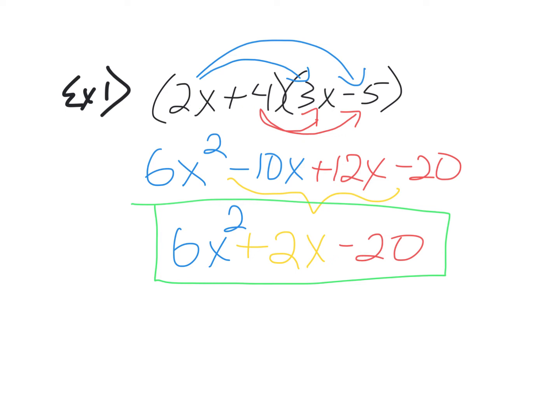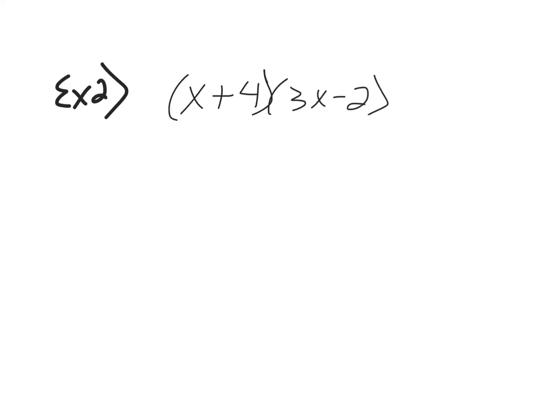Okay, let's do another example. So x plus 4 times 3x minus 2. Remember, we're using the distributive property. So this is 1x times 3x. And 1x times 3x, well, 1 times 3 is 3, and x times x is x squared. So 3x squared.